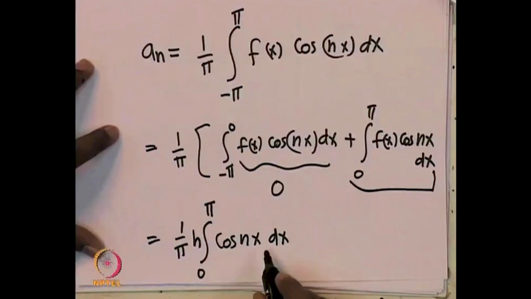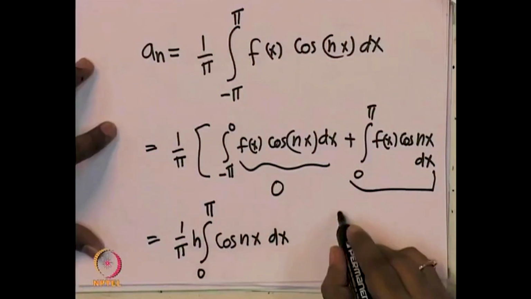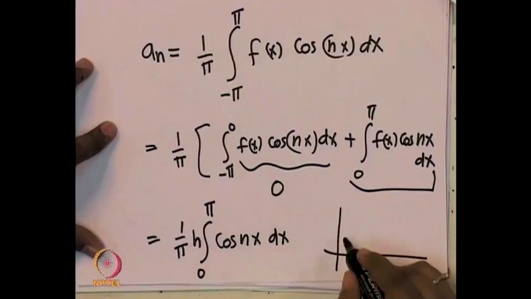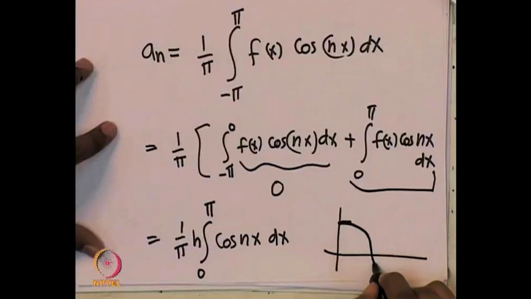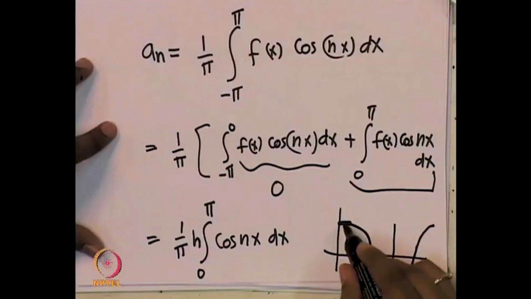Now, what is cos n x for any value of n between 0 and pi? Let us plot this for n equal to 1. So, cos 0 is 1. Cos typically goes like this, and this is pi. So, between 0 and pi there is a positive part and there is an equal negative part.